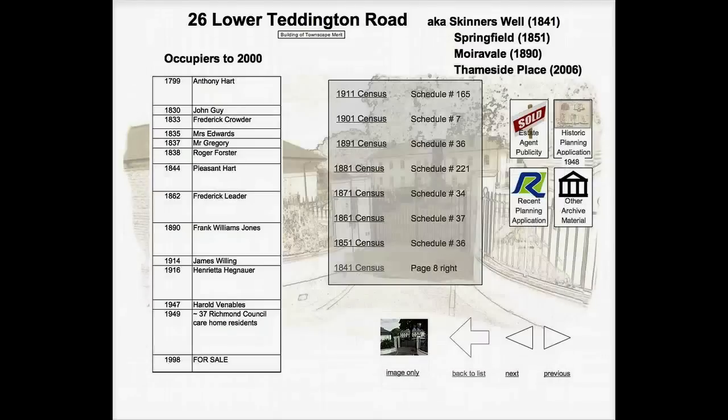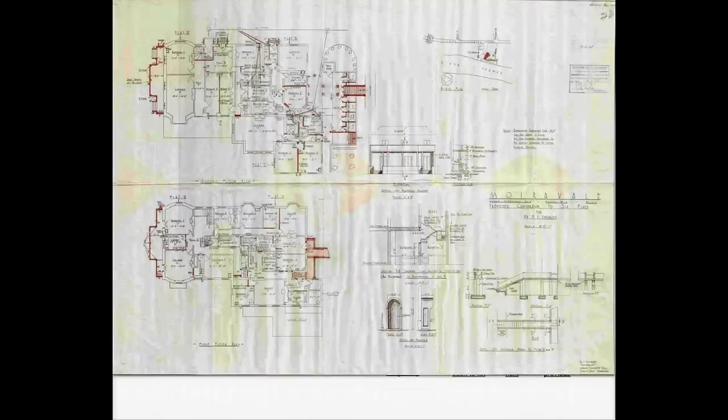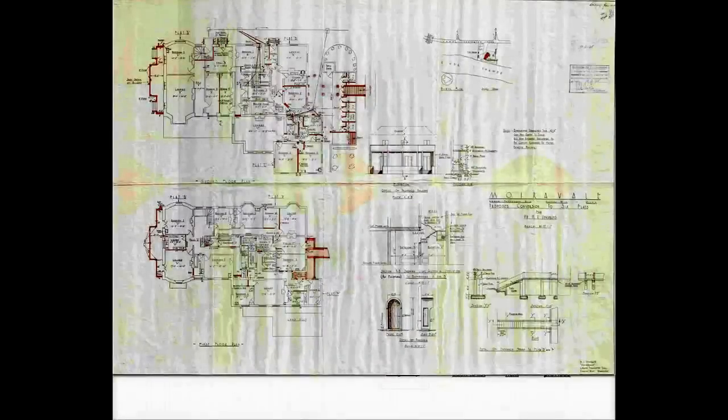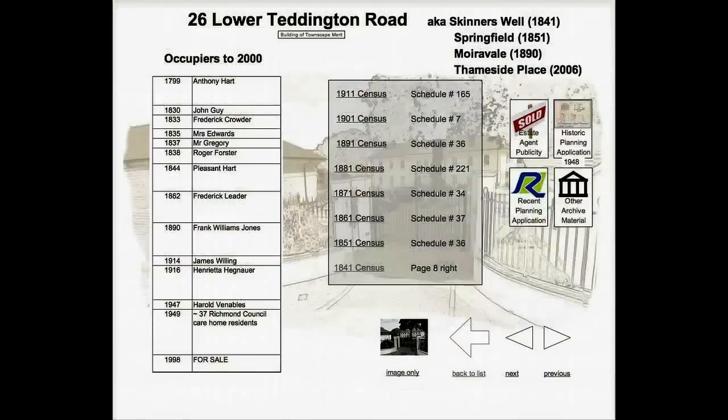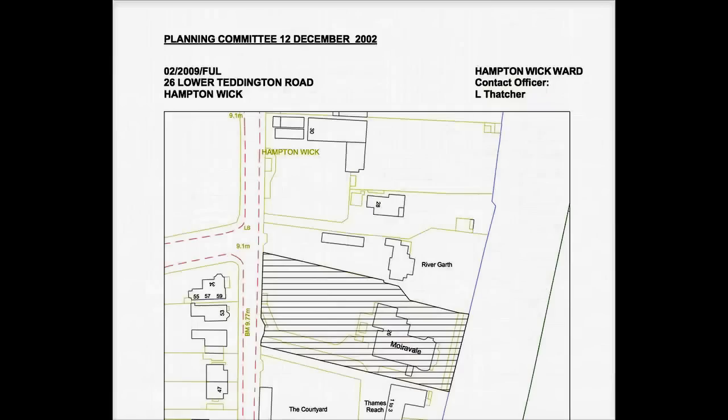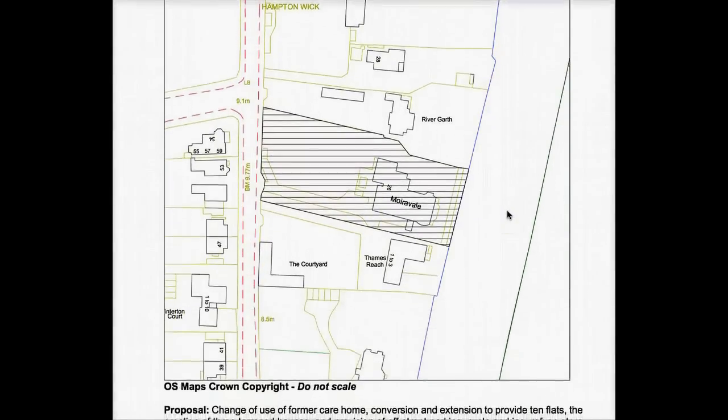Over on the right, we have the 1948 planning application for converting the building into 6 flats after the war. And here is the 2002 Planning Committee briefing paper when the current scheme that created Thames Reach was first discussed.